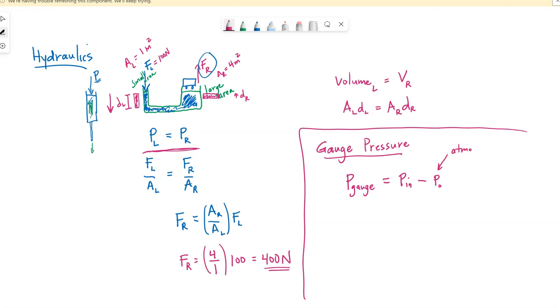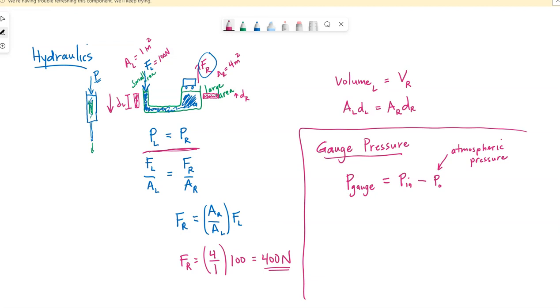P naught is going to be the symbol we use to represent atmospheric pressure. So the gauge itself is not telling you directly the pressure inside, it's telling you the difference. And you need a difference so that the pressure inside is pushing outwards on the tire to keep them inflated.